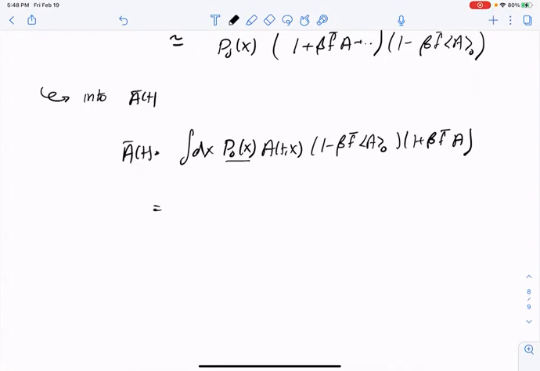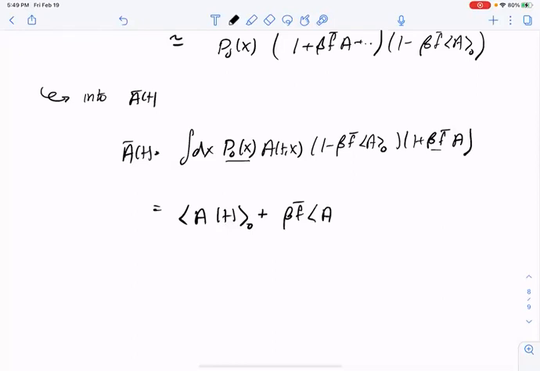I will get a first order term, which is just the average of A of t in the absence of the force. I will get a plus beta f bar, so let's take this term.